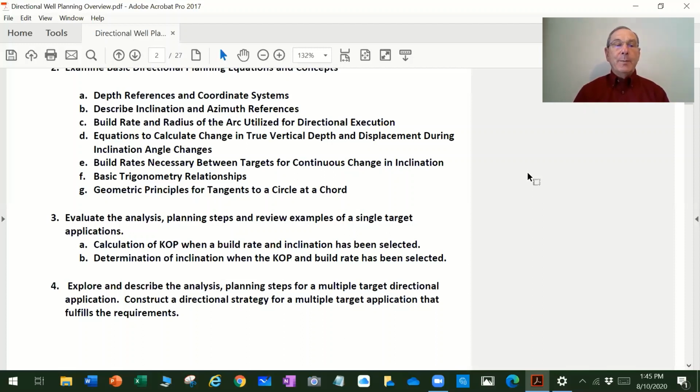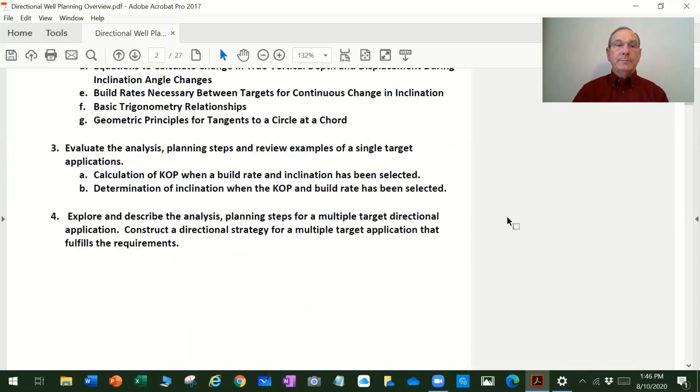And then lastly, I'm going to explore and describe the analysis and the planning steps for a multi-target directional application. And we will come up with a directional strategy that meets the required directional plan to hit multiple targets.